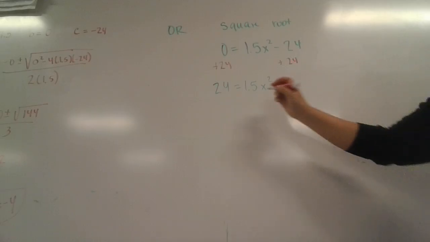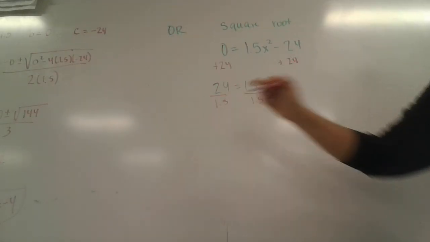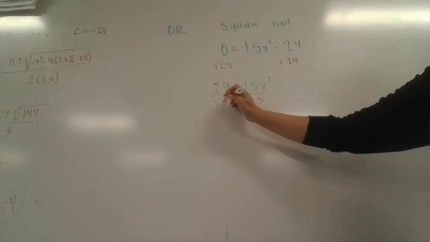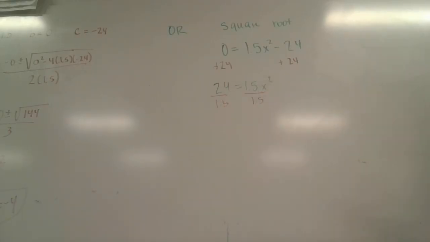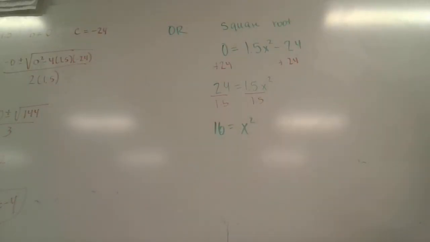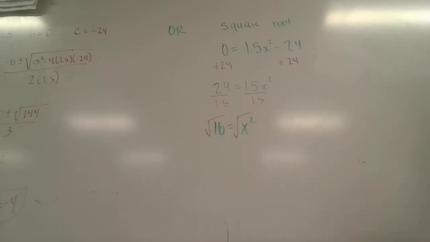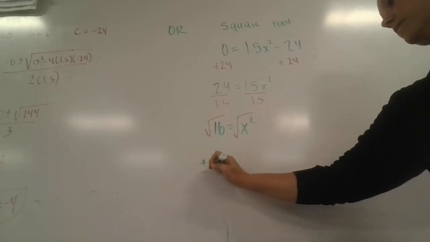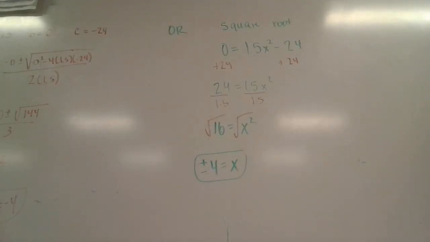Lily, did you raise your hand on square root? A couple of people did. Oh, you did? X is positive and -4.